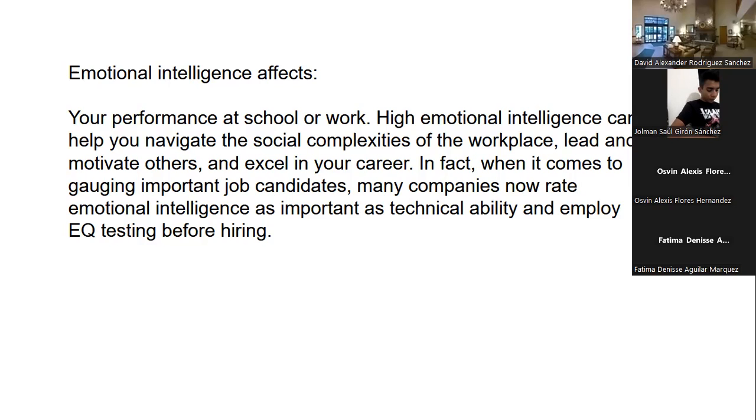Very good. Actually, your analysis is very good because if something is not working in your emotions, definitely where you have to go is to the psychologist, right? The psychologist is the specialist in emotions, so they try to understand why something is happening. And this one says emotional intelligence can help you in the workplace, of course. If you have very good emotional intelligence, everything is going to be fine, to lead and motivate other people, excel in your career, right?